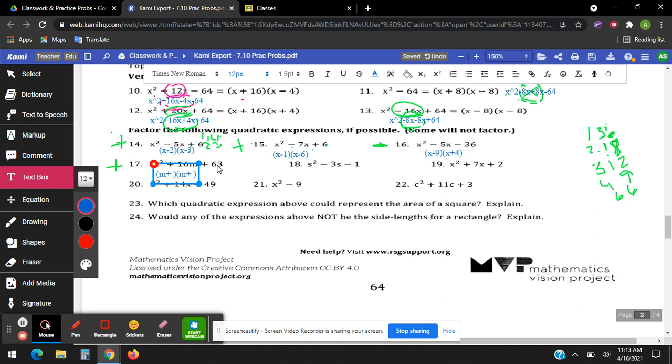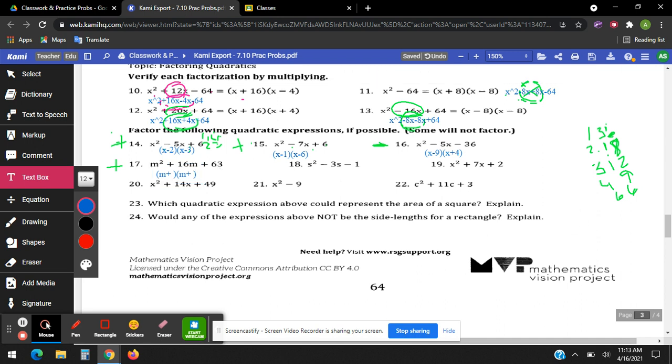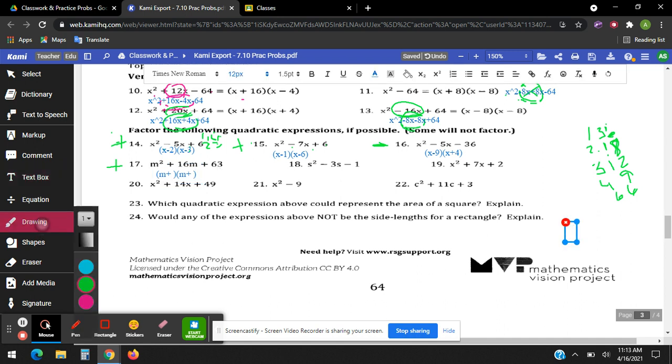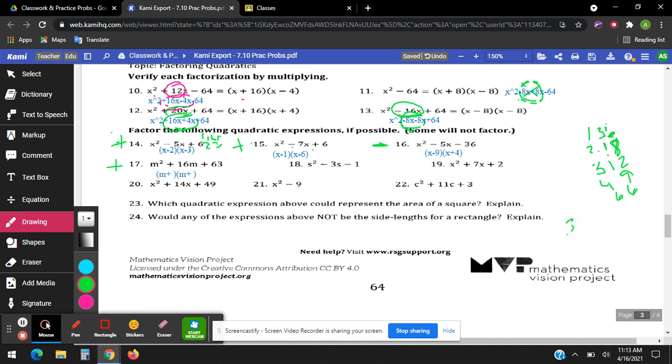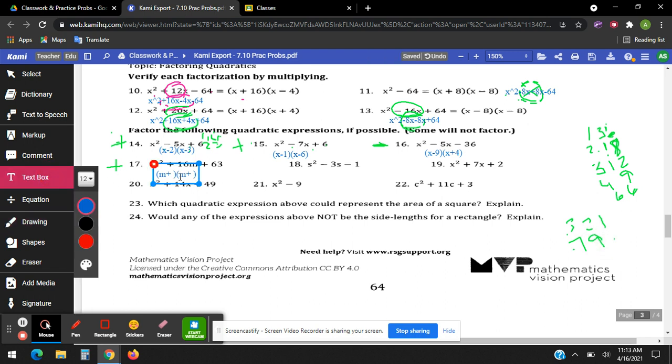Well, 3 and 21, 7 and 9. 7 and 9 add to get 16. So back over here and do +7 and +9.